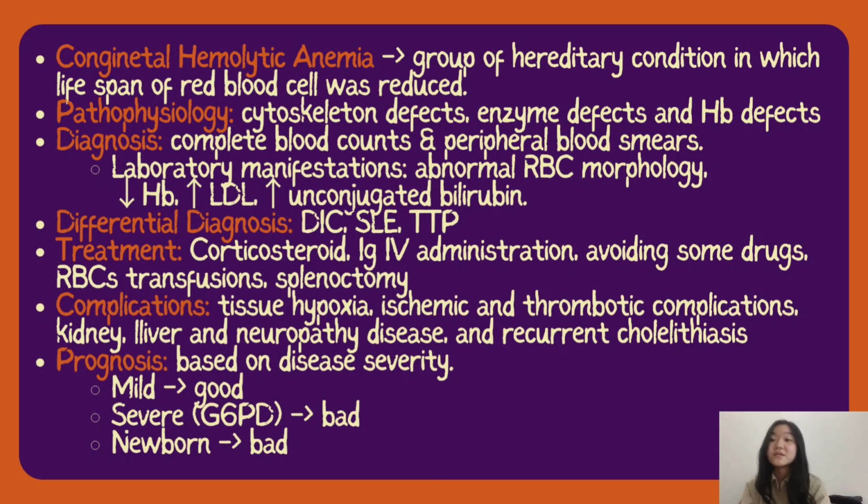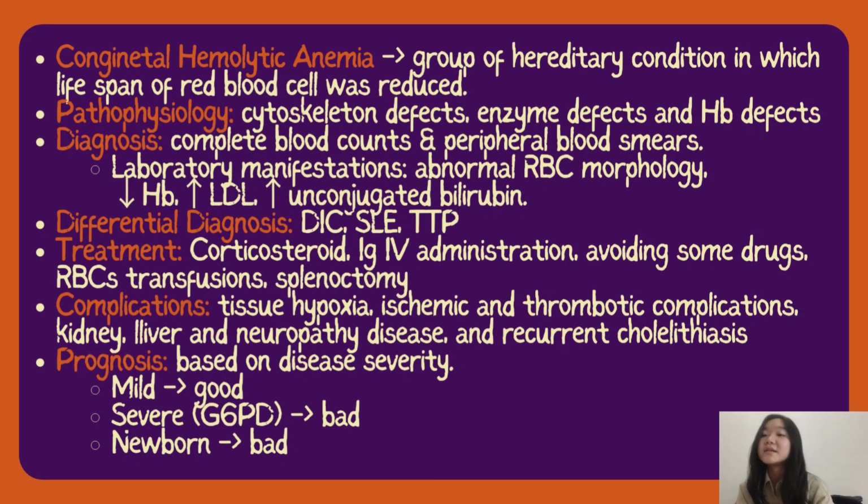The differential diagnoses are disseminated intravascular coagulation, systemic lupus erythematosus, and thrombotic thrombocytopenic purpura. The treatment are corticosteroid, immunoglobulin IV administration, avoiding some drugs, RBC transfusion, and splenectomy.